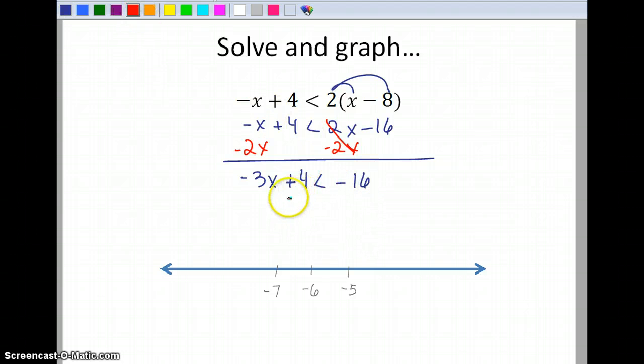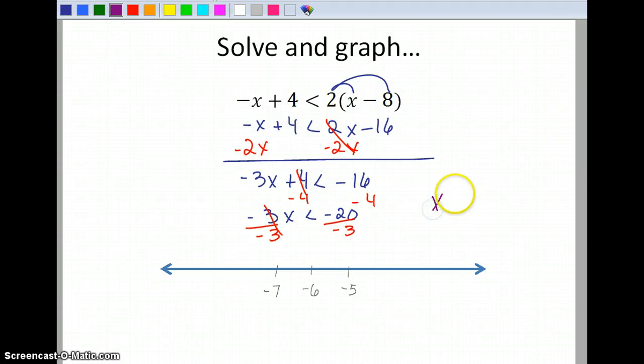I'm going to subtract 4 from both sides. So I have -3x < -20. Going to divide both sides by -3. Remember, I just divided by a negative. Be really careful.